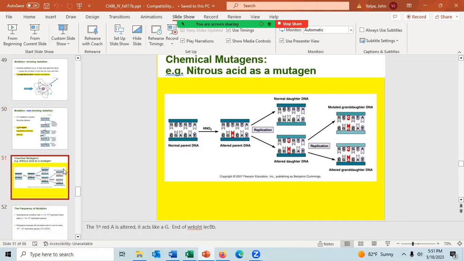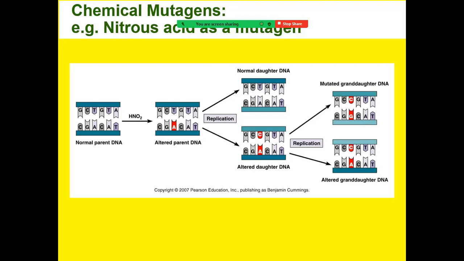You can also have a chemical mutagen, such as nitrous acid, which mutates the DNA. Nitrous acid, when it gets next to DNA, it chemically alters a base, such as the A here. And this A is chemically still an A, but it is slightly different. And this A that's now altered does not bind with the T, what a normal A hydrogen bonds to.